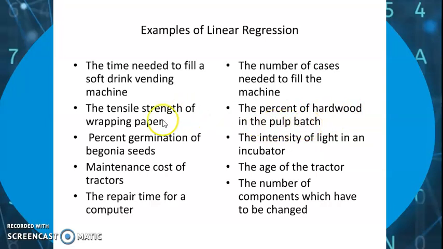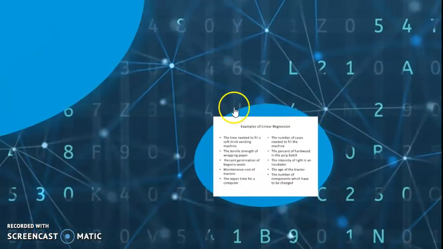So this is x and this is y. The third example is the maintenance cost of tractors when I know the age of tractors. And one last example is the repair time for a computer when I know the number of components which have to be changed. So these are some very basic examples of linear regression models.